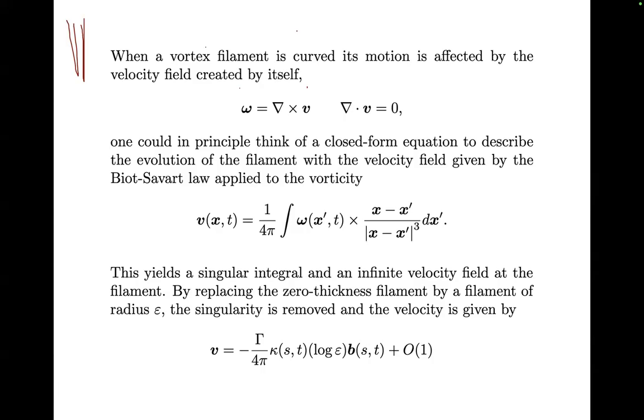And in the case of the straight line, the only thing that the fluid does is just rotate around the filament, so it is not moving. Then you have to go to the next term, which will have a singularity of the order of the inverse of the distance, and then a log appears. If you do the math, you see that the next approximation, at a given distance epsilon, is precisely log of epsilon in the direction of the binormal, and the size is gamma multiplied by the curvature, plus O(1), where the O is measured in terms of the distance of the point x to the filament.